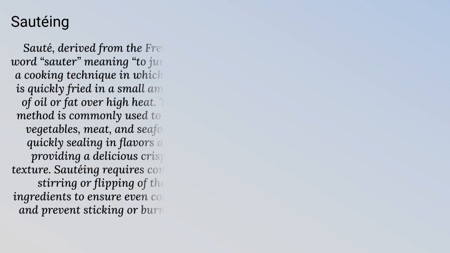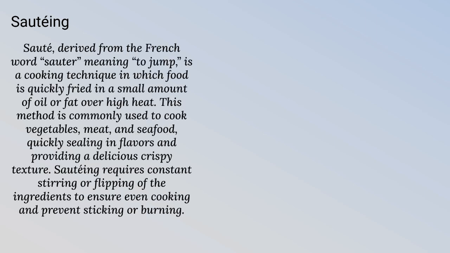Now, let us discuss the word saute. This concept, saute, is derived from the French word sauter, S-A-U-T, which means to jump. It is a cooking technique in which food is quickly fried in a small amount of oil or fat over high heat.